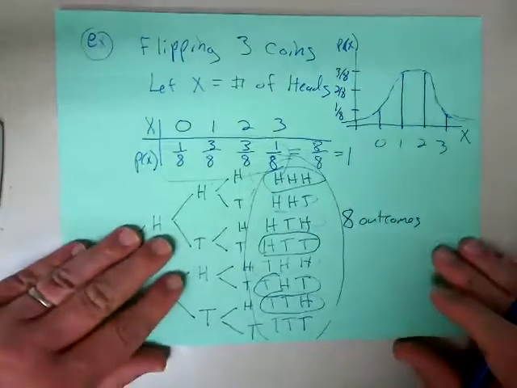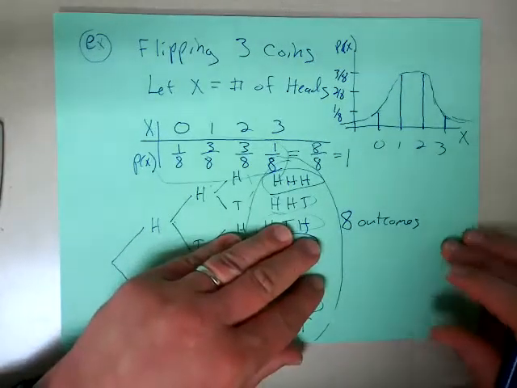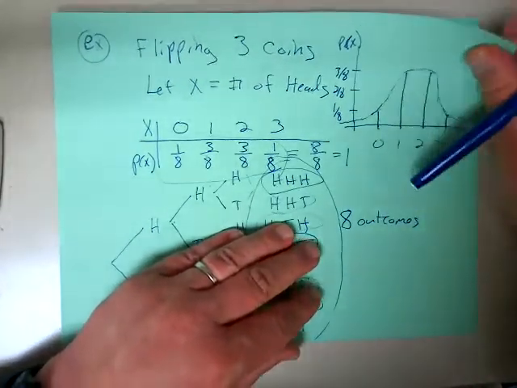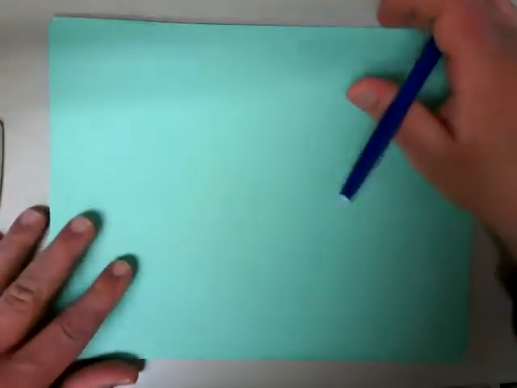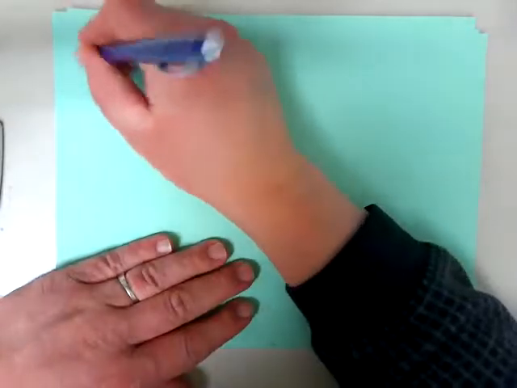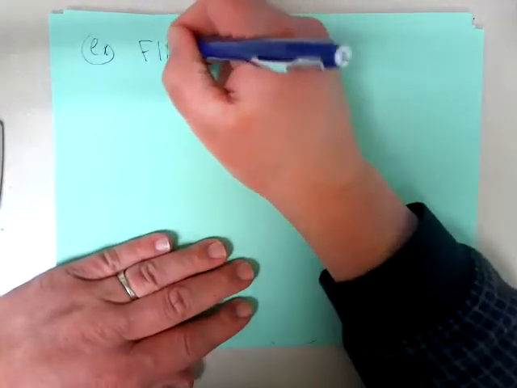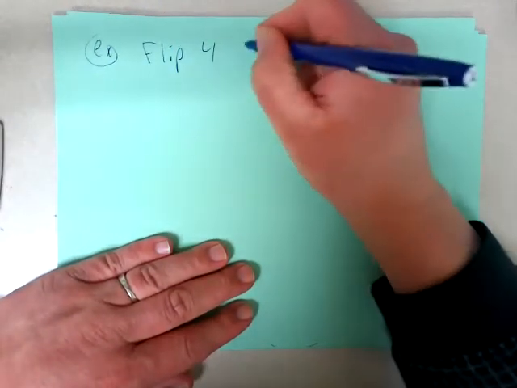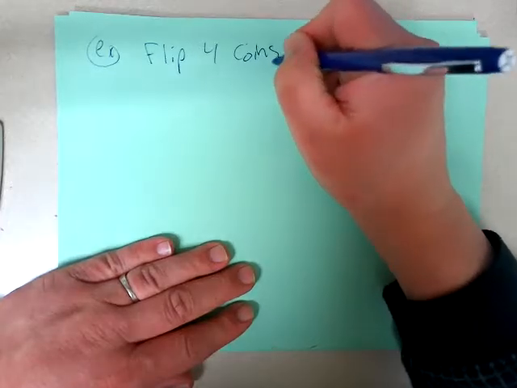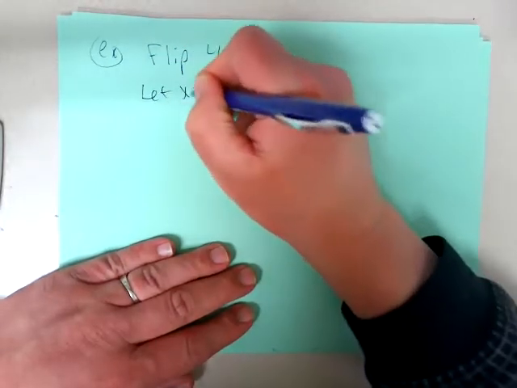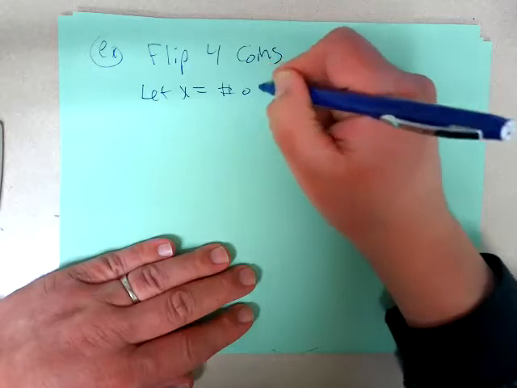So I think it might be fun to give you a chance to do this. Okay? So what we'll do, we're going to flip 4 coins. And again, let's let x equal number of heads.